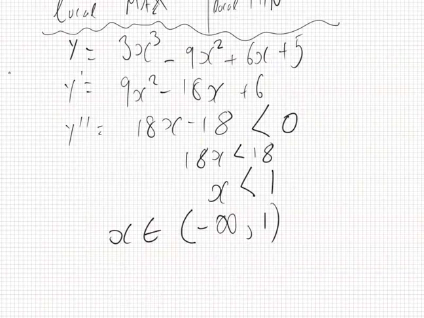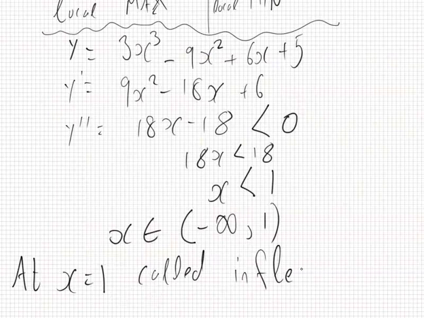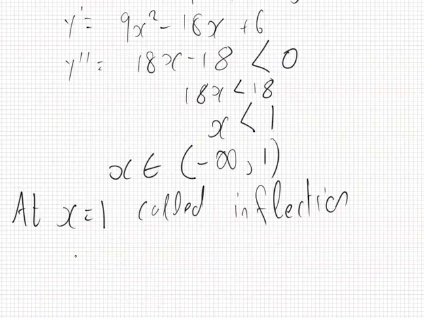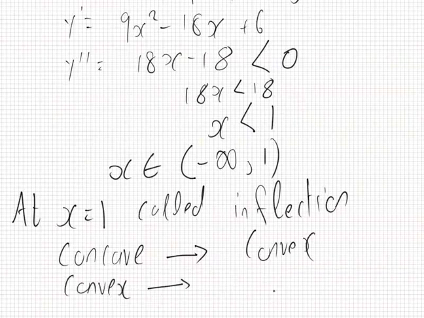It's a special point. So at x equals 1, that's when it changes from being concave to convex. That has a special name. This is called the inflection point. So inflection means when you switch from concave, changes into convex, or if convex changes into concave.